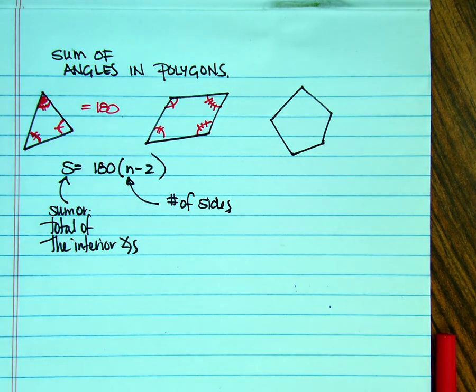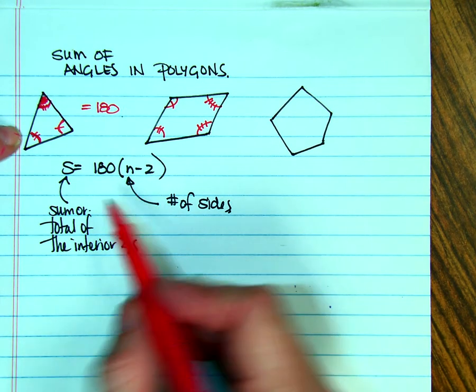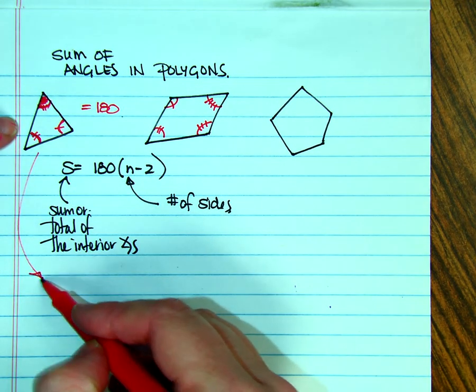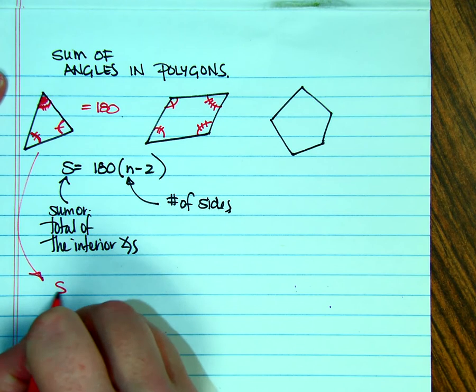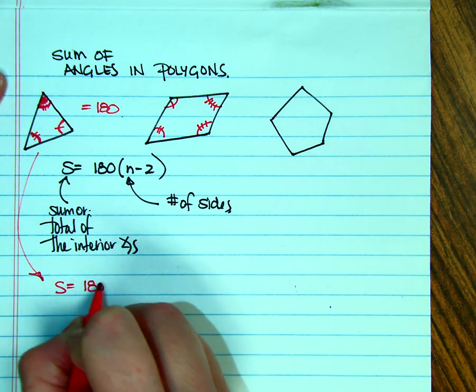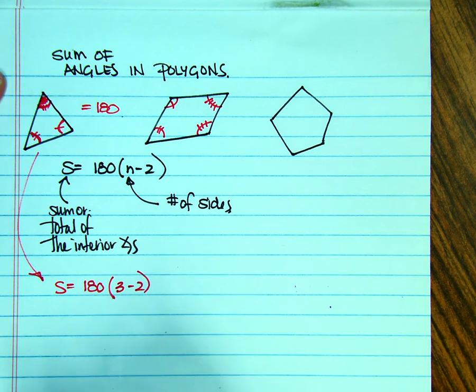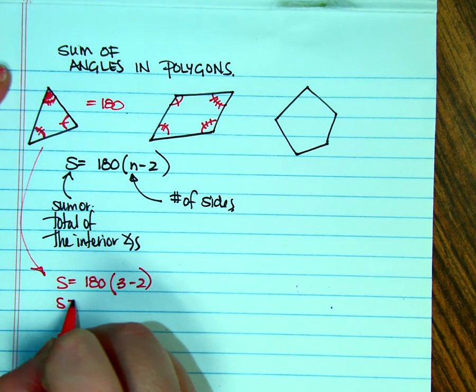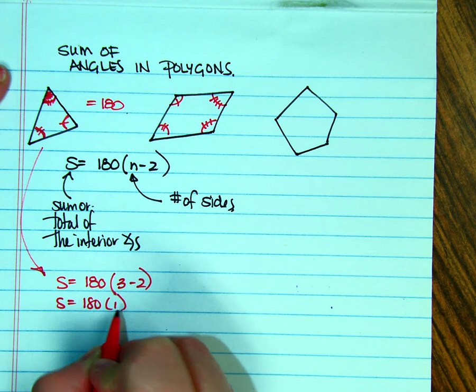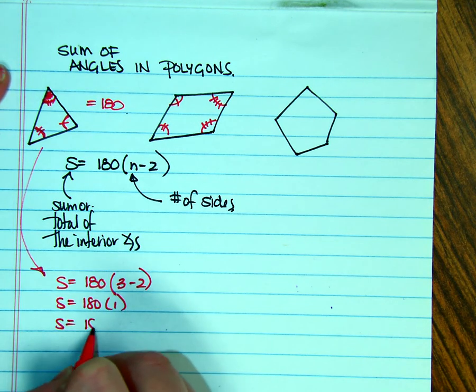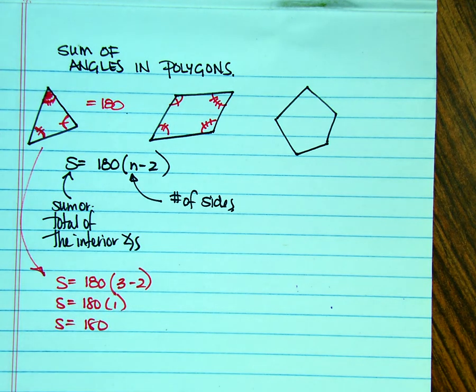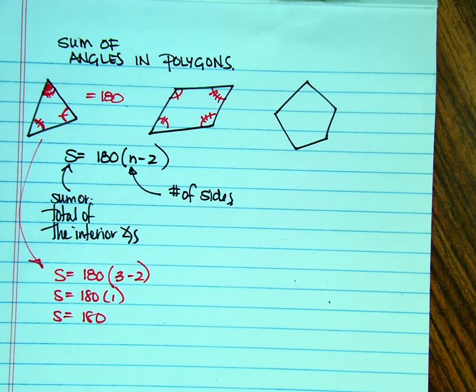So if we look back, we can use this formula for a triangle. So I'm going to kind of be doing the same work here. S equals 180. There are 3 sides minus my 2 gives me 180 times 1. So the sum of the interior angles of a triangle is 180.